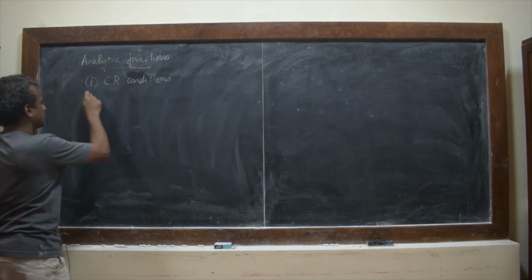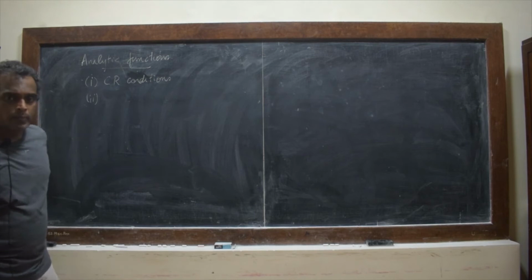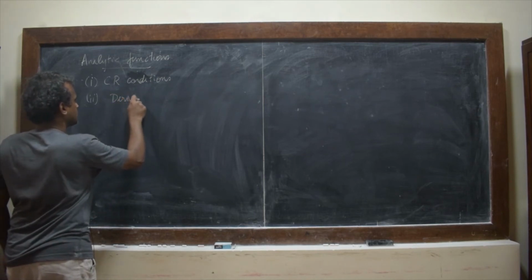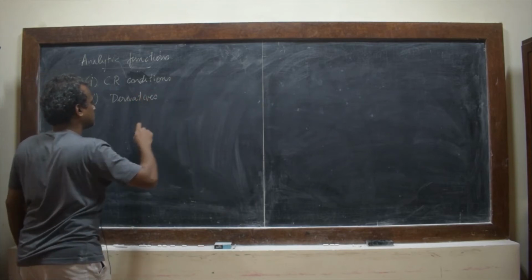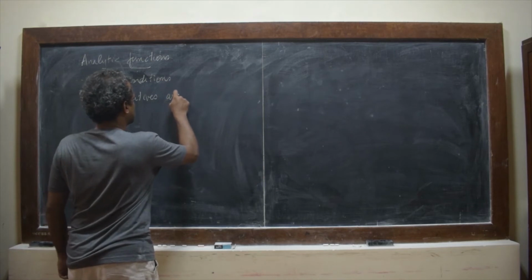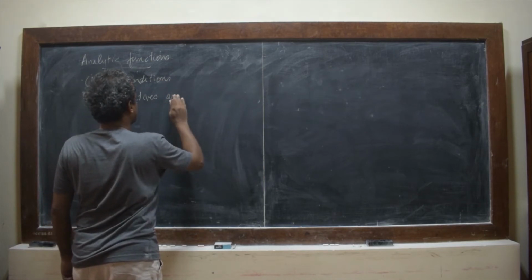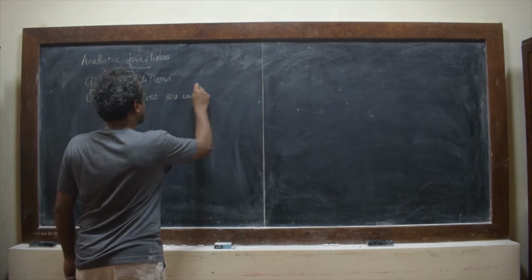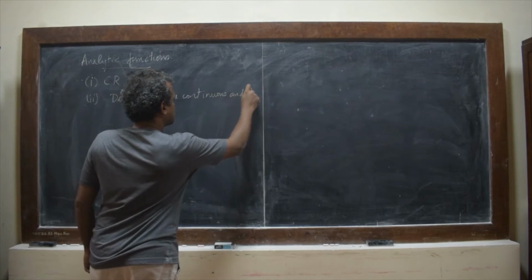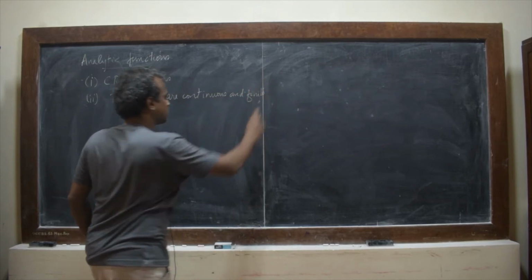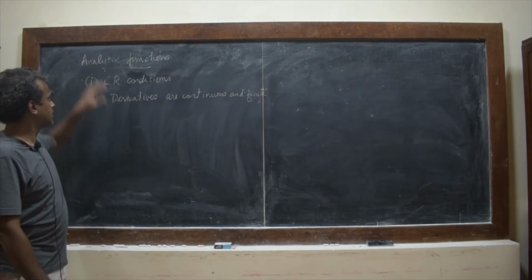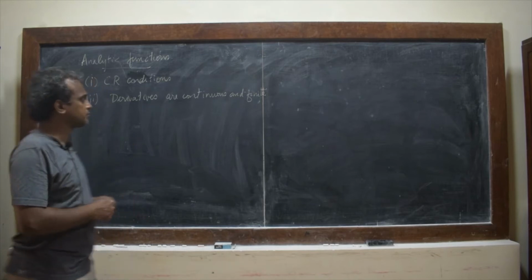In addition to that, the function is also required to have its derivatives to be continuous, and finite at the points where we are interested in checking the analytic property of the function.